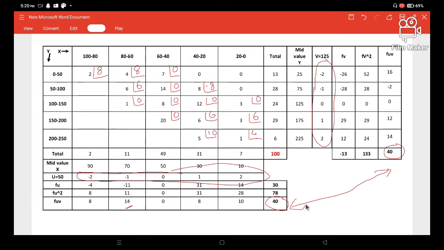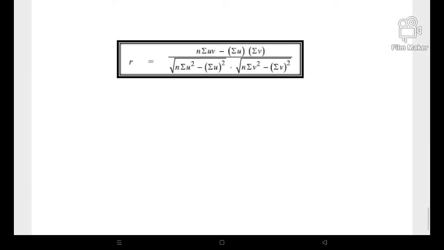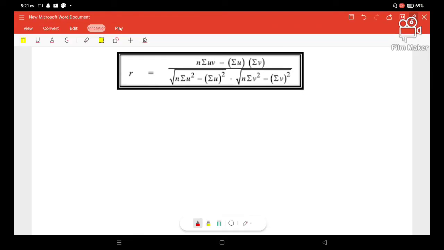Now your final formula to find out Karl Pearson correlation is n sigma uv. So here we have calculated n, which is 100. So let's write n is 100, sigma uv, which we just made a tally of, which is 40.